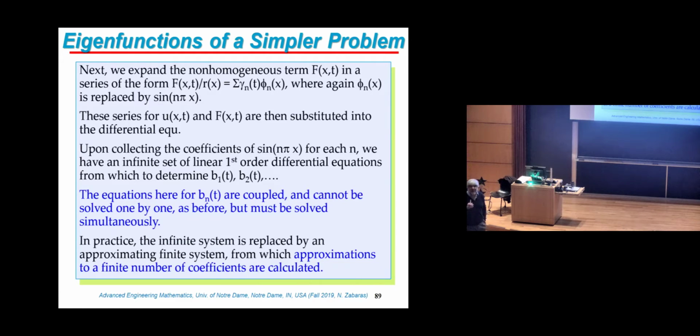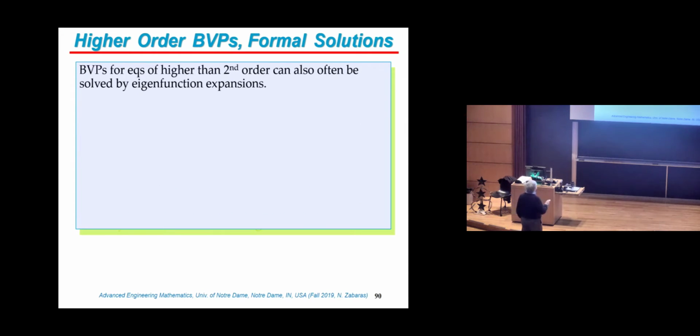Because using the actual basis functions from your actual boundary value problem decouples those equations. If you use sines, let's say, or cosines or something else, the equations you will get may be coupled. And if they are coupled, you may be doomed. All right? It will be very difficult to solve them even numerically. So just remember that as a parenthesis.